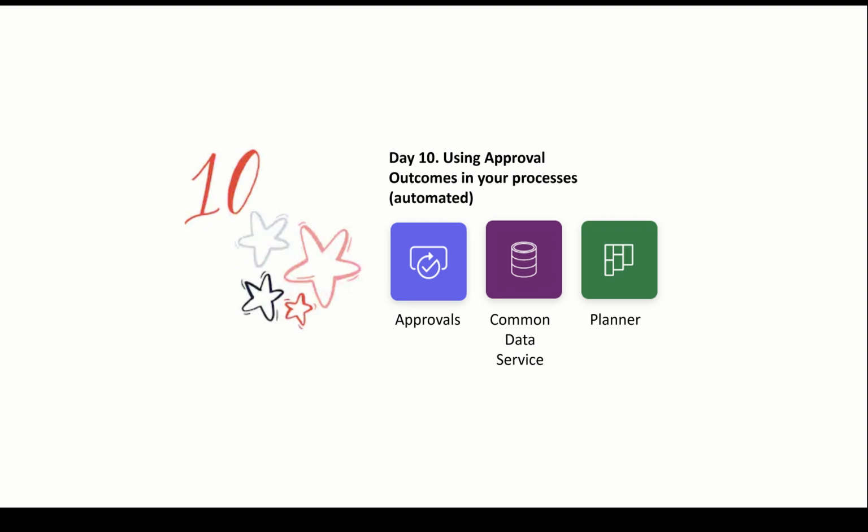They won't even start that work until we've assured that the contract has been signed and that all the pieces are in place from a contract perspective. So that's what our approval is going to help us with, making sure all the pieces are in place. And as soon as someone clicks yes, we'll create a task in Planner.